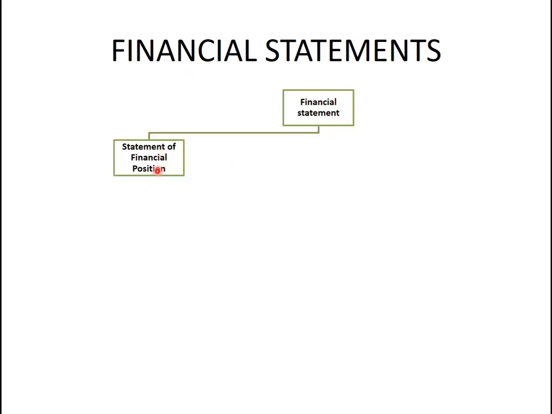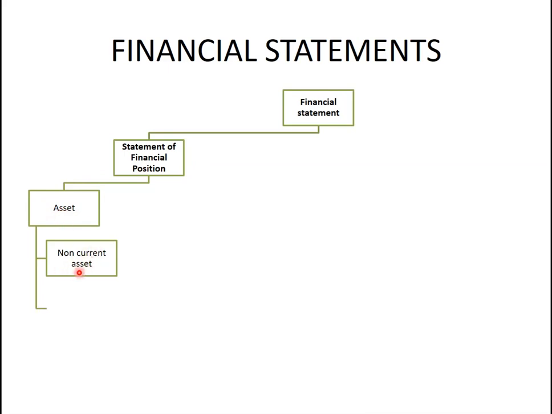Okay, now we look into the detail of the financial statement. First is we have statement of financial position. We start with asset, and under asset we have non-current asset and current asset. Next is owner equity.